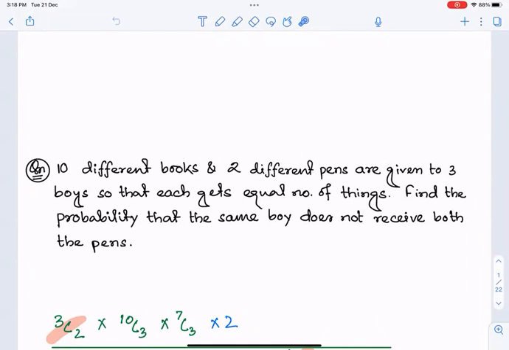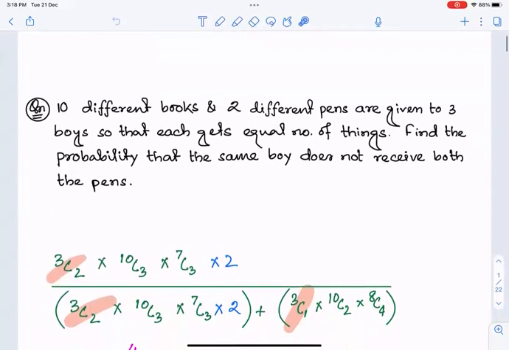Now, apart from the pen, they are also supposed to receive 3 books. So in 10C3 ways, we can decide books for the first student. In 7C3, we can select another 3 books for the other boy who has already received a pen. Now, which 3 books will be received by which boy, that we can decide in 2 ways. Is that okay?